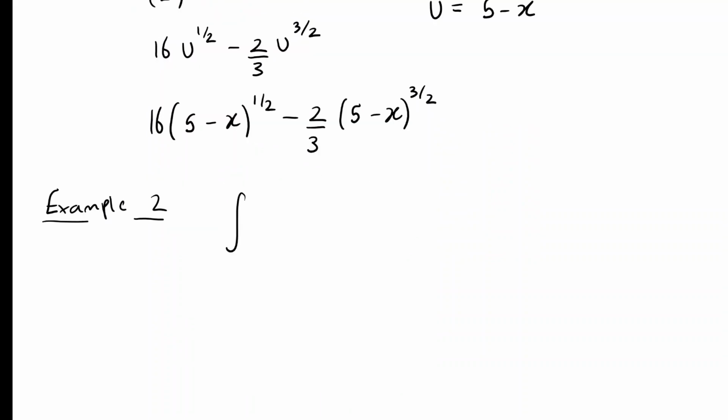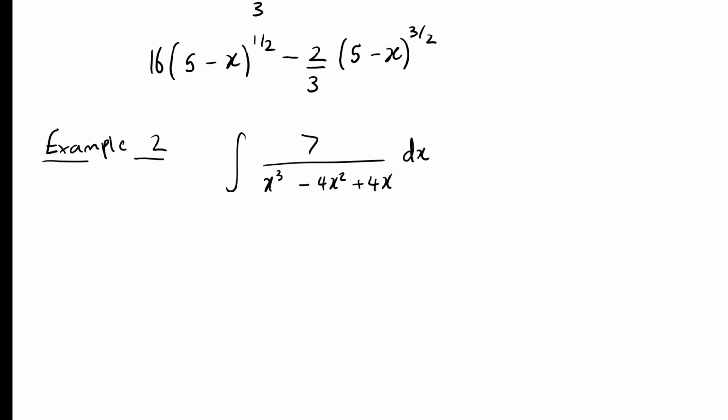So example 2 is 7 over x cubed minus 4x squared plus 4x integrated with respect to x. As the bottom of this is factorizable, we'll be able to use partial fractions to solve this. So we've got 7 over, you can factorize x straight out of this, x squared minus 4x plus 4.